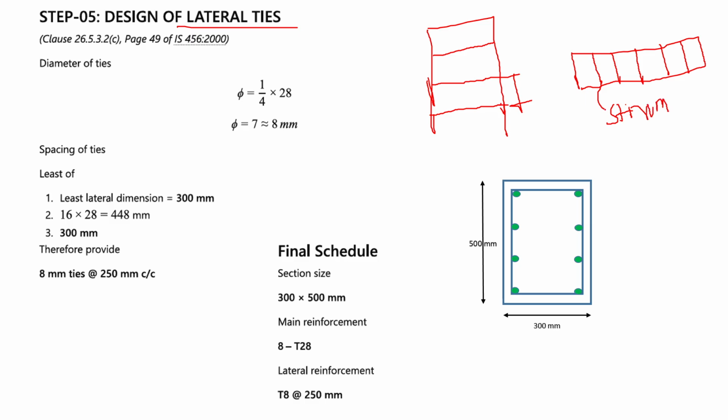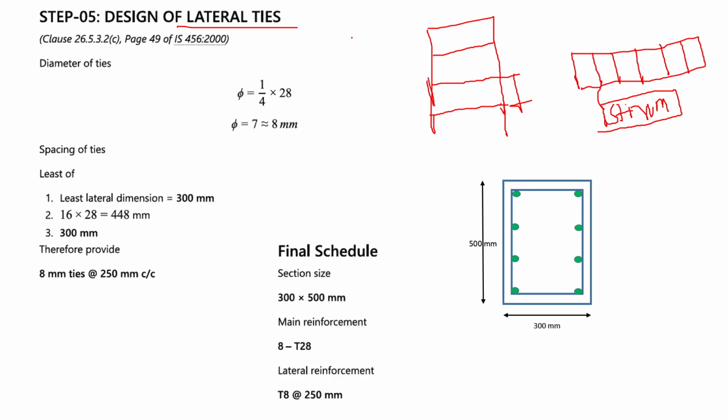So the IS code has already specified the stirrup dimension and spacing in the case of the beam, but I am discussing the column here.